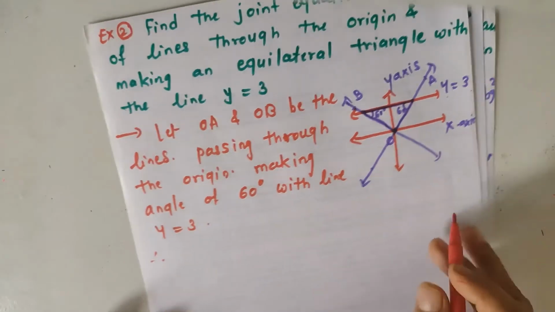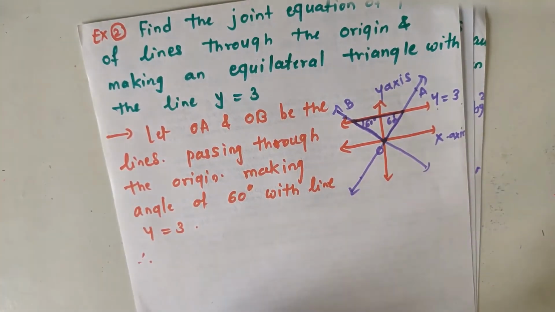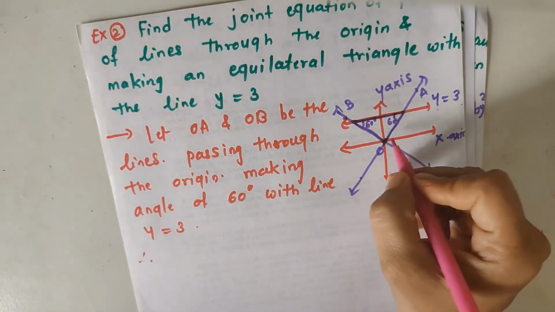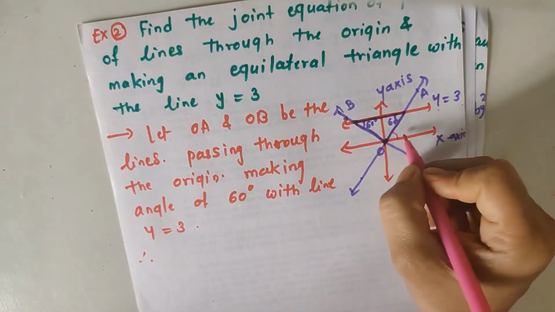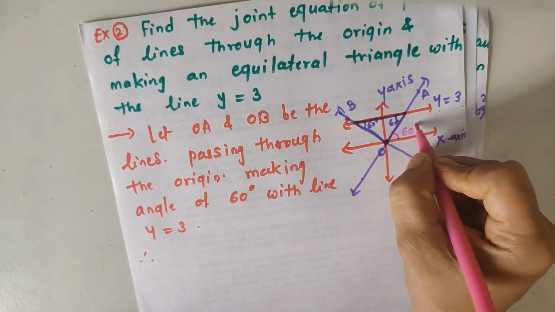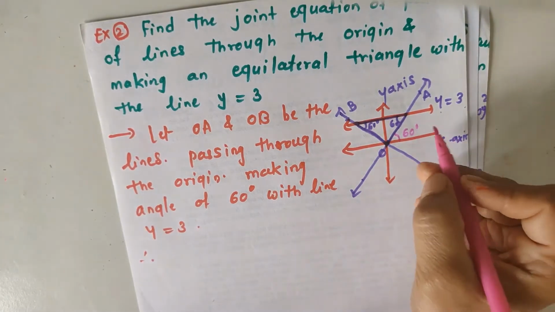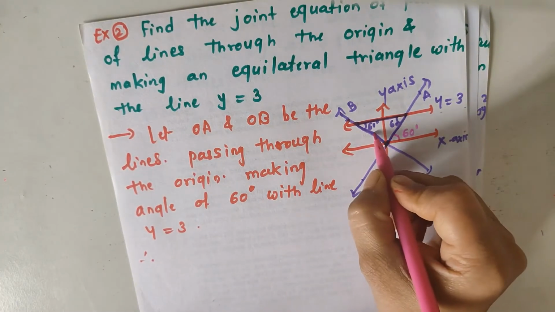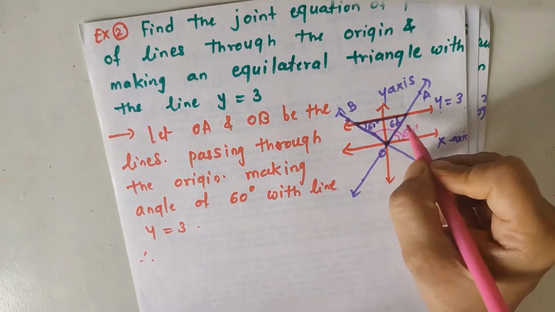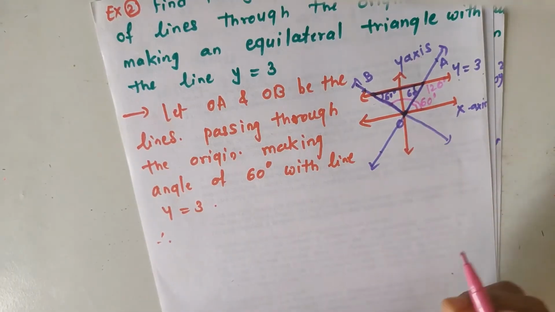Therefore, OA makes an angle of 60 degrees with the positive direction of the x-axis, and the line OB makes an angle of 120 degrees with the x-axis.